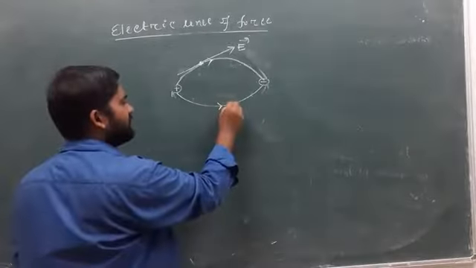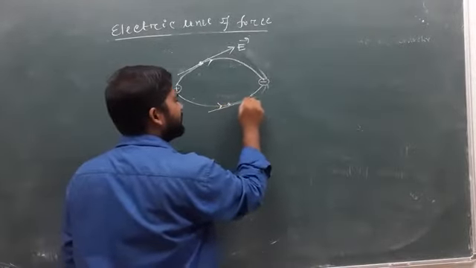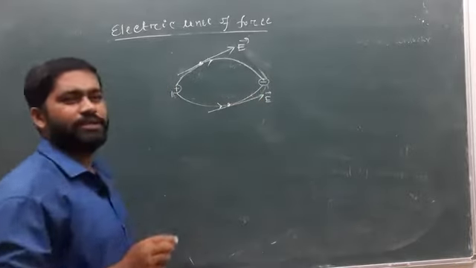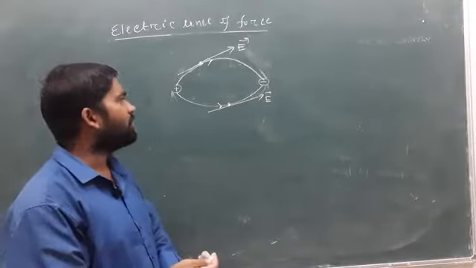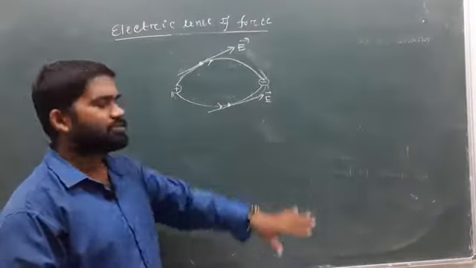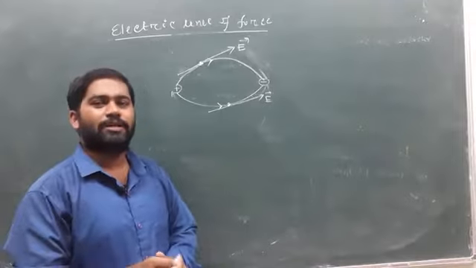If I consider a point here and draw a tangent, the direction of the tangent represents the direction of the electric field intensity, or the resultant field. At a single point there is a single tangent, and the direction of the tangent is the direction of electric field intensity.